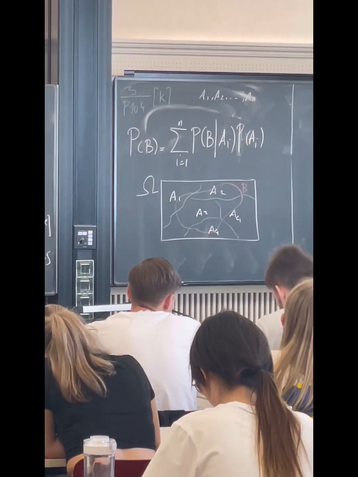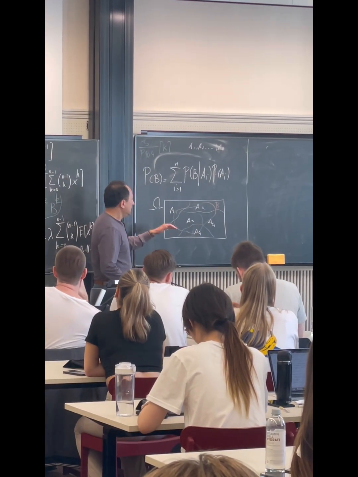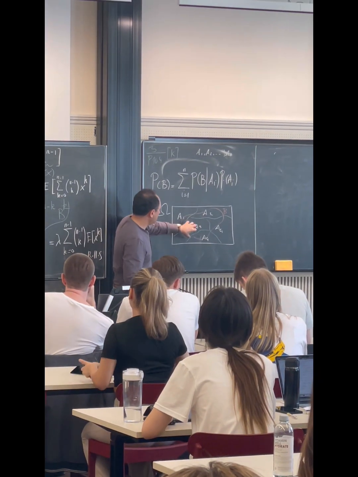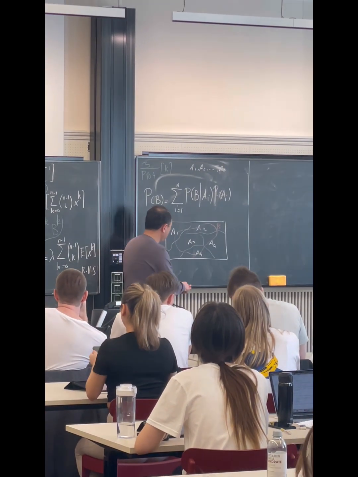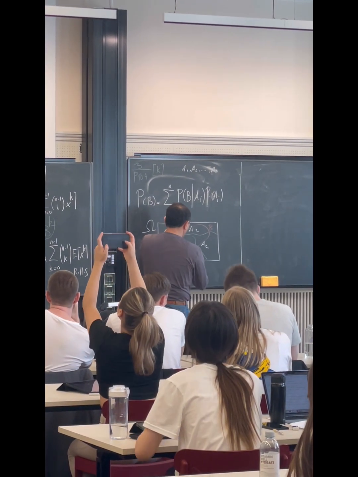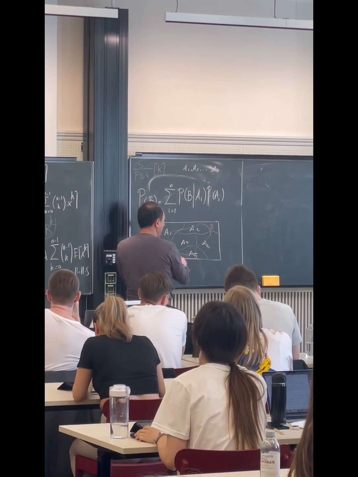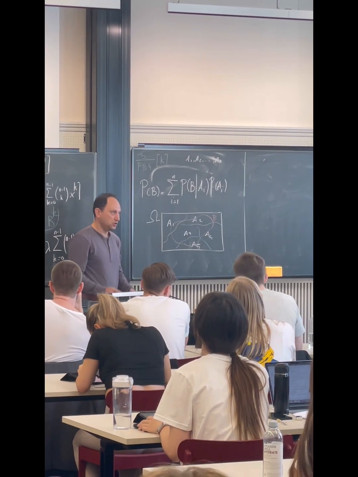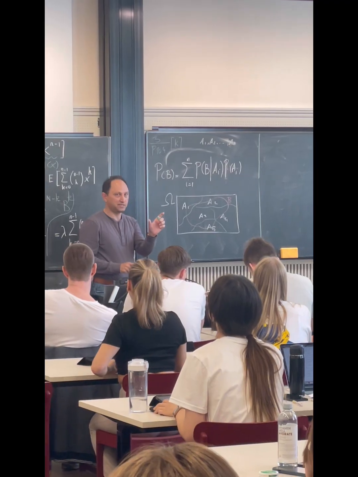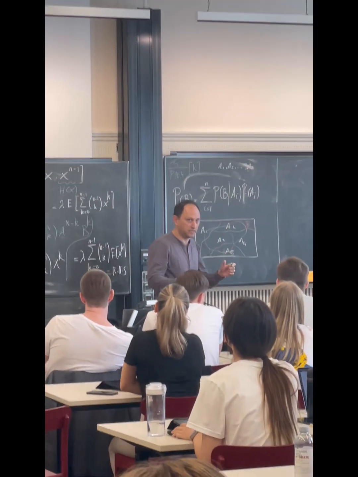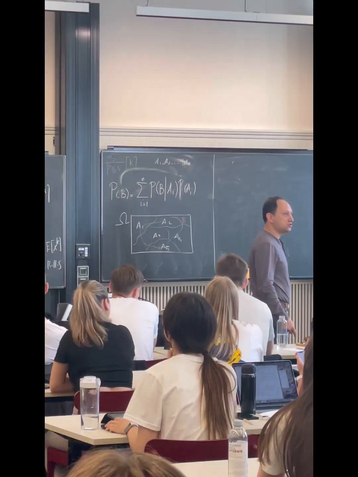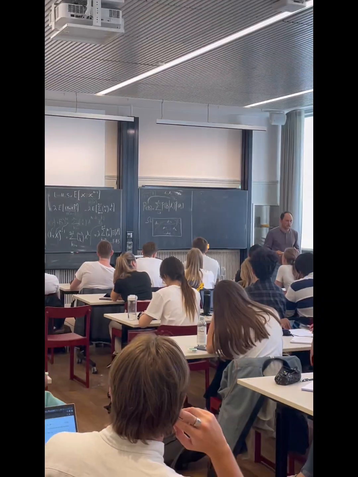This formula tells you that, now imagine in your head A1 up to A5 are faded. Don't look at the A's, just look at this red boundary. That is an event. You want to calculate the probability of that event. No condition is there. In the beginning, that is just a normal probability calculation.